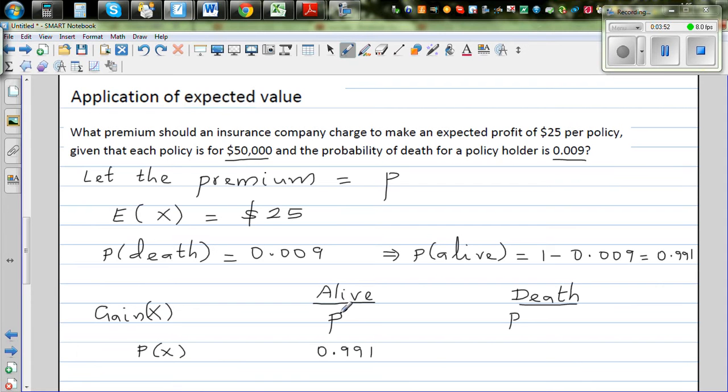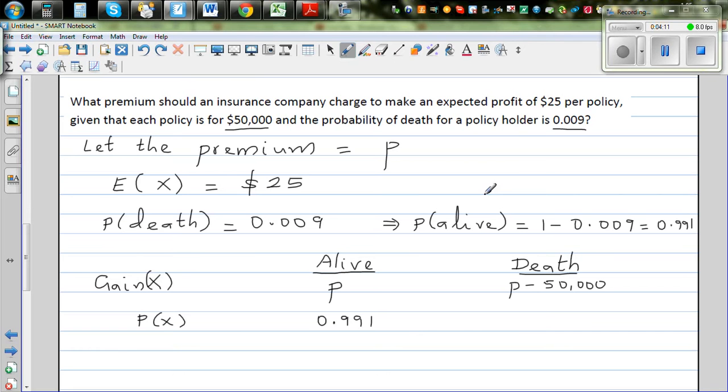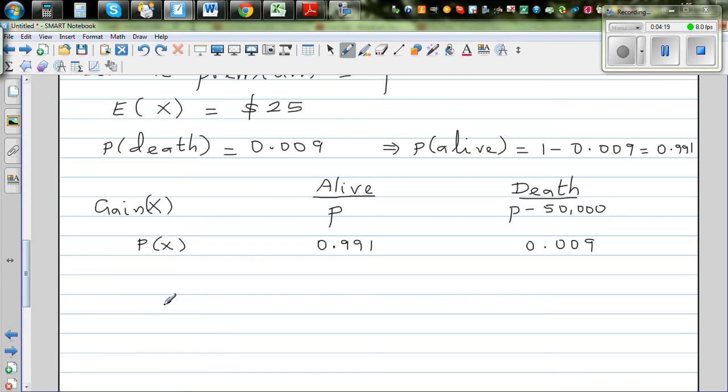P is the premium, because the insurance contract starts after the person pays the premium. So they would have to pay 50,000, but they would have got the premium from the person who has died, unfortunately. The probability for that to happen is 0.009.